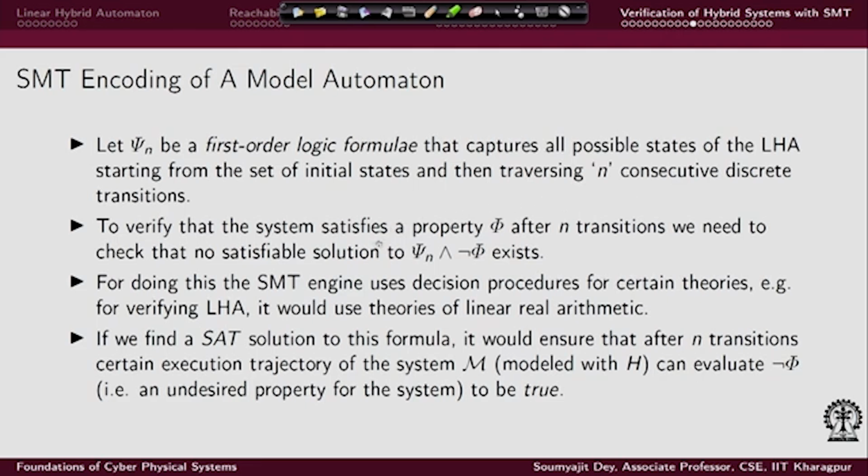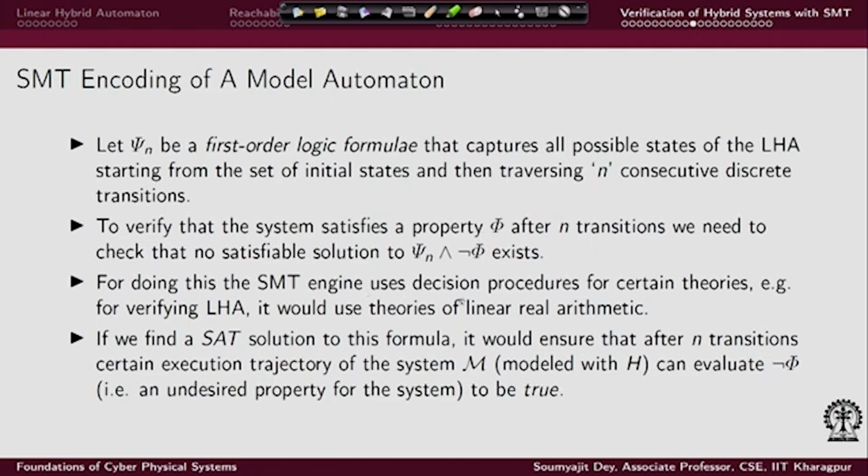For verifying that a system always satisfies a property phi, we need to check that psi n and the negation of phi has a solution. If the original thing is valid, there should be no solution, and if there is a solution, it tells me that your original hypothesis, that all evolutions taking n consecutive transitions satisfy phi, is not true.